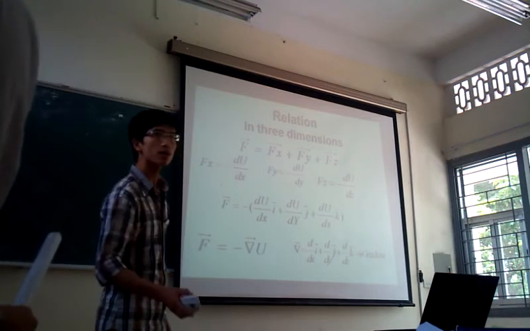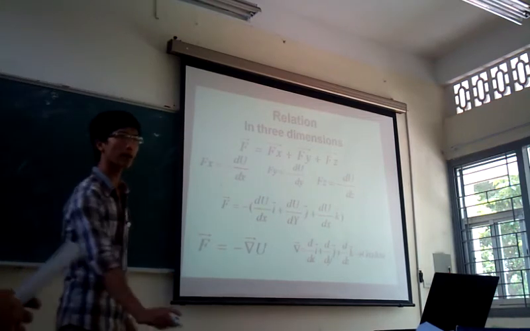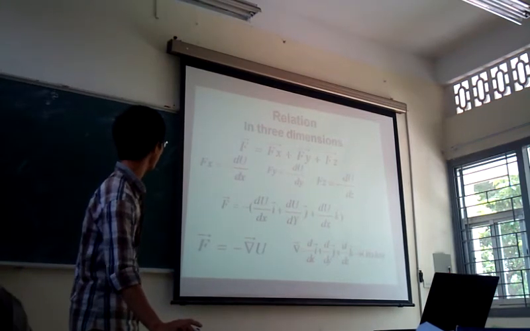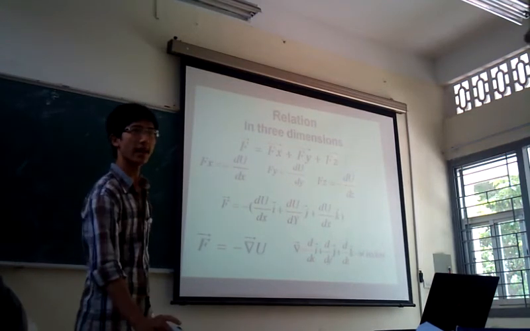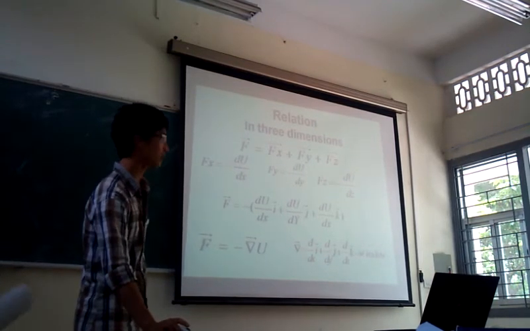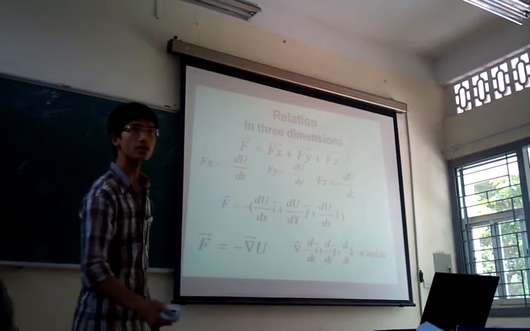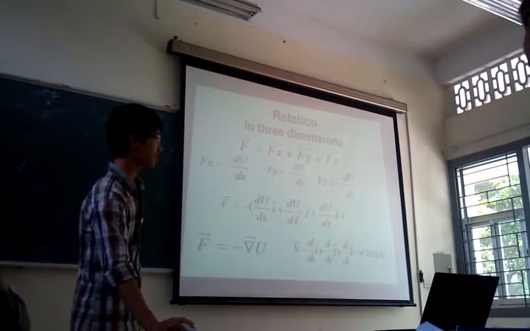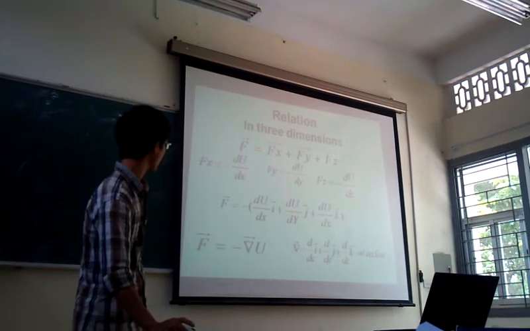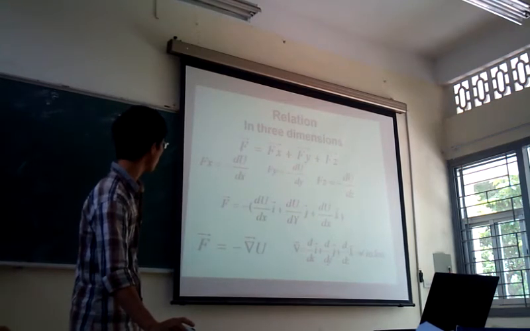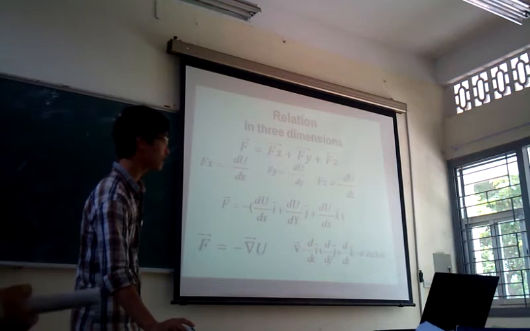Similar to 1 dimension, we achieve this result: Fs equals minus du over dx, and also Fy and Fz. We can use the unit vectors to express the formula of vector F, as you can see here.